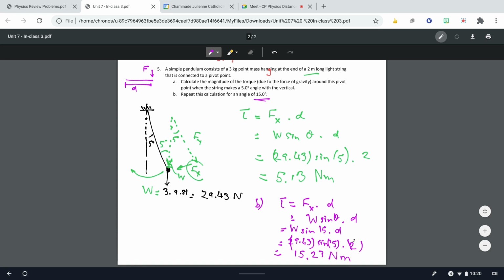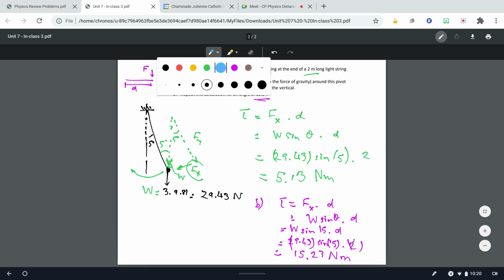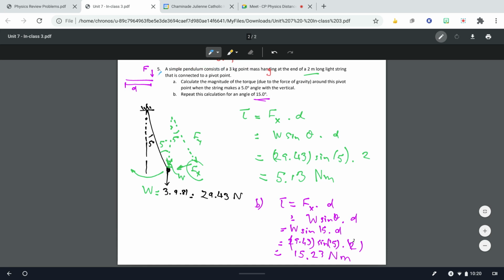If your force changes to, let's say, this one, then you need to account for the angle. So if this is the angle the new force is making, you're going to be taking the vertical component of this force, or F sine theta, as the one you use in the torque.